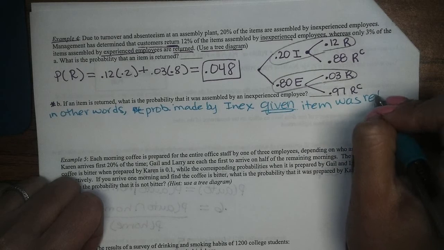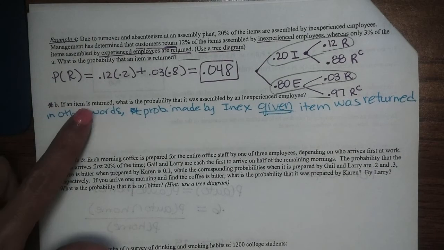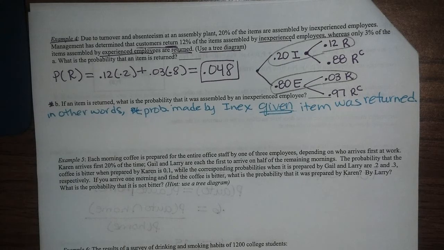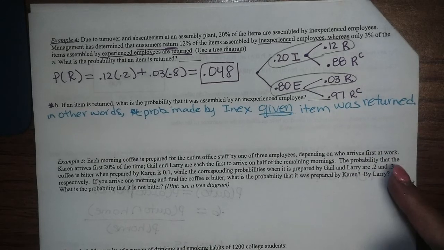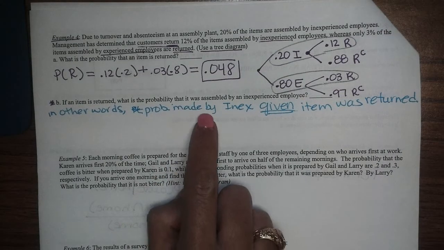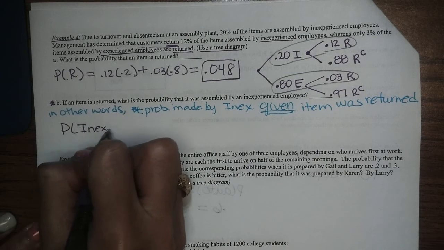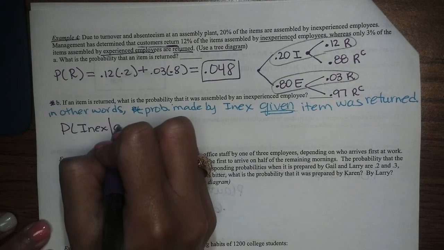And here's why. The question says, if an item is returned, so that's the given condition, the item has been returned, what are the chances that it was made by an inexperienced person? Again, you just have to practice these so that you can recognize them. So let's find the chances that it was made by an inexperienced person, given that the item was returned.